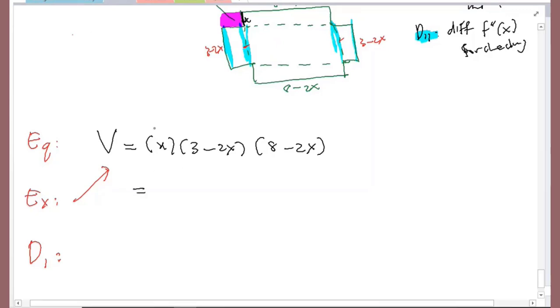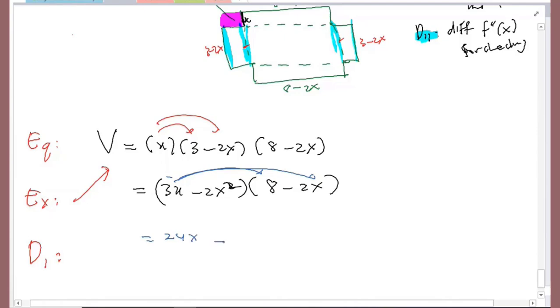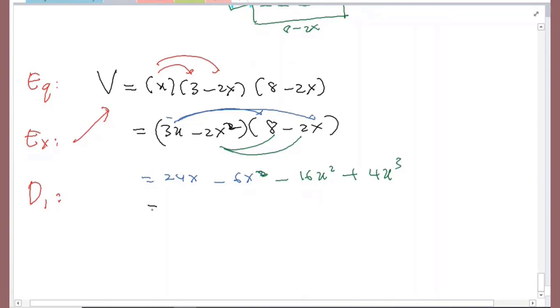Expand: 3x minus 2x squared, times 8 minus 2x, gives 24x minus 6x squared, minus 16x squared, plus 4x cubed. Simplifying a little, we get 4x cubed minus 22x squared plus 24x.